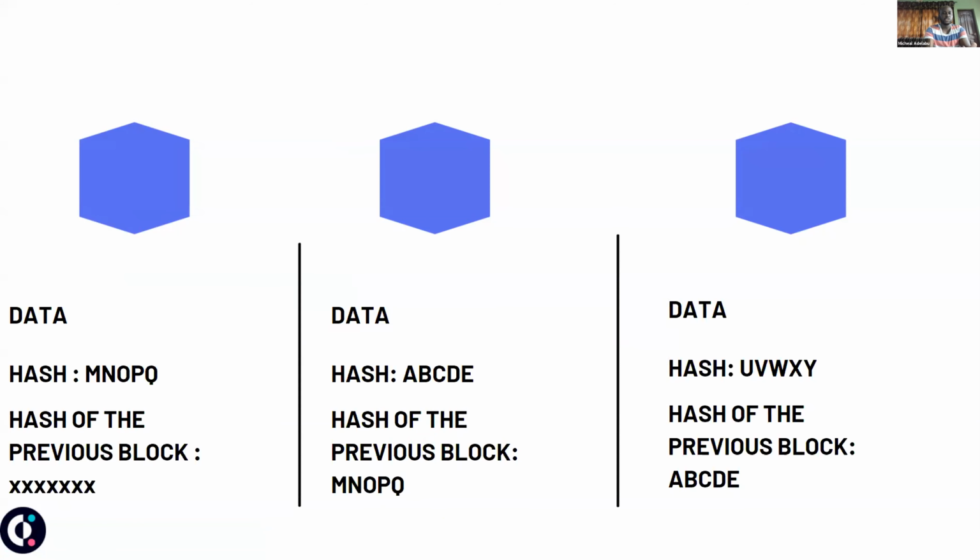As you move from one block and create another block, what makes it secure is the representation of the previous hash from the first block on the next block. That means it's quite difficult for you to change the hash.